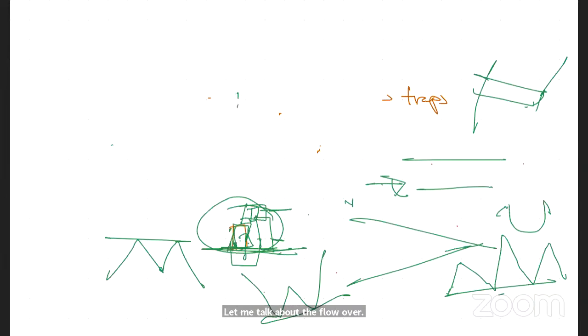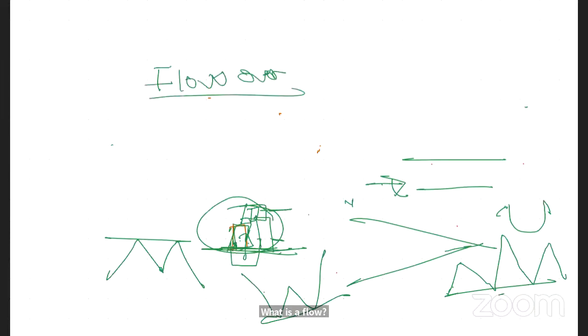What is a flow over? A flow over means that a coin can move up, then it comes back where it came from. So that is called a flow over.